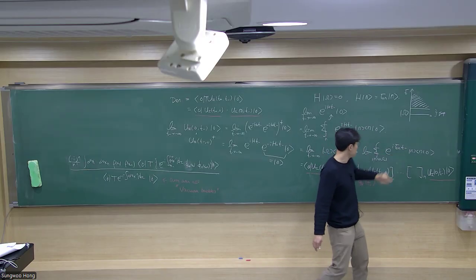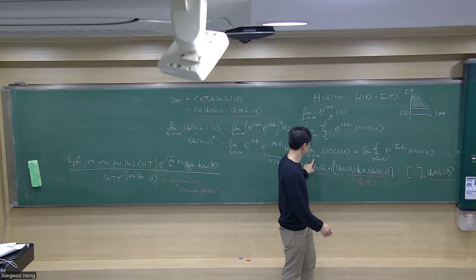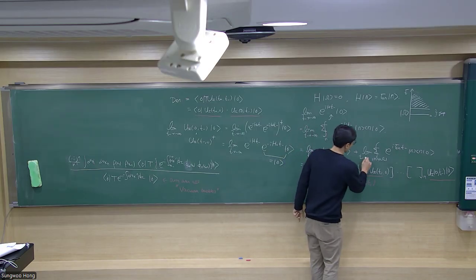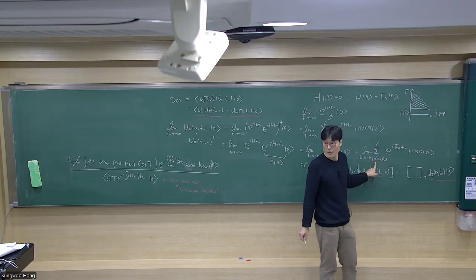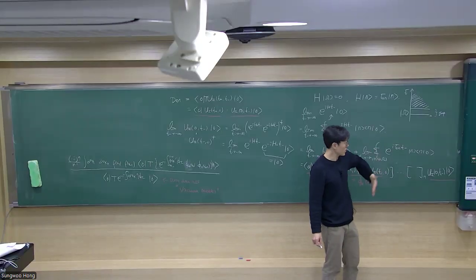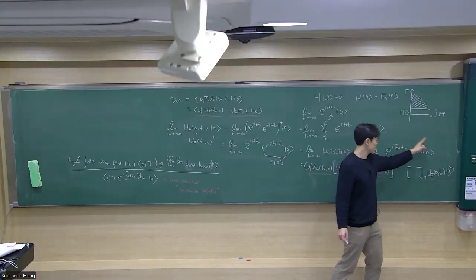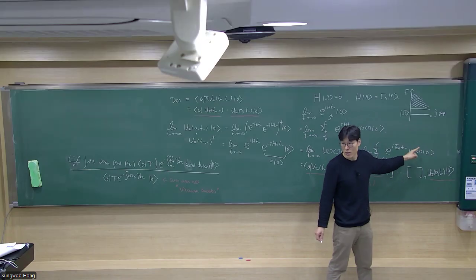Then, if I take the infinite time limit, you get wild oscillation for each chosen n. For any fixed n, there's a wild oscillating phase. You expect that there is a cancellation effect.